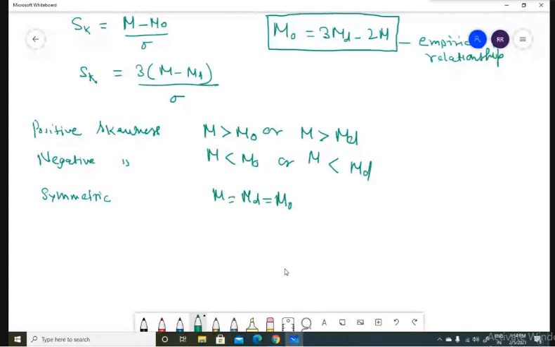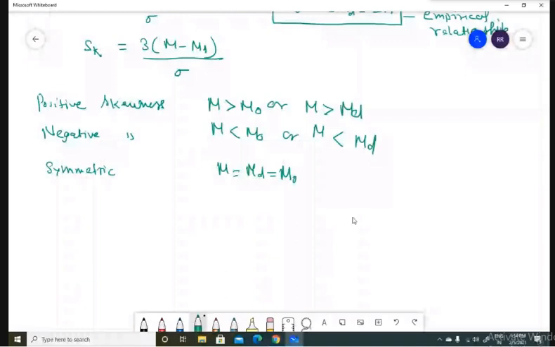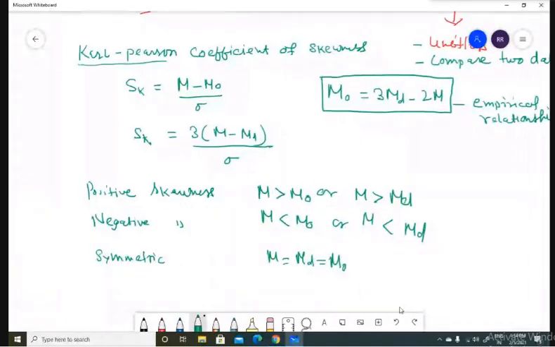Now there is one more coefficient of skewness. This was Karl Pearson's coefficient of skewness. You should remember this.